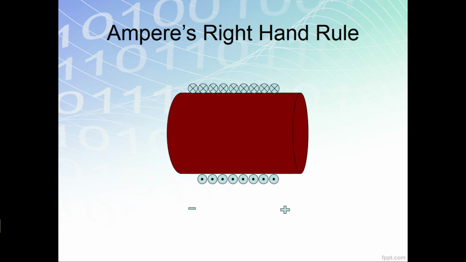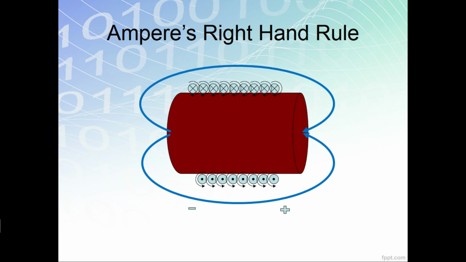Applying Ampere's right-hand rule on these dots and X's, it will produce a bigger magnetic field, such as this. In comparison with the magnetic field before, now it leaves the left side and enters the right side. That means the left side will now be the north magnet and the right side will be the south magnet.